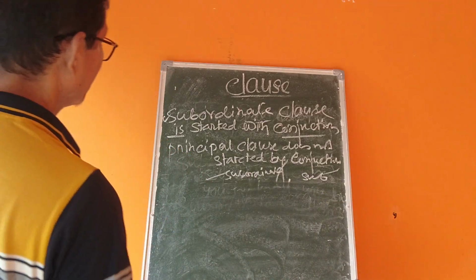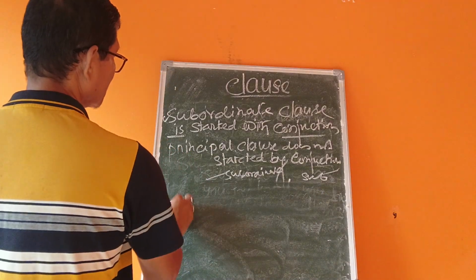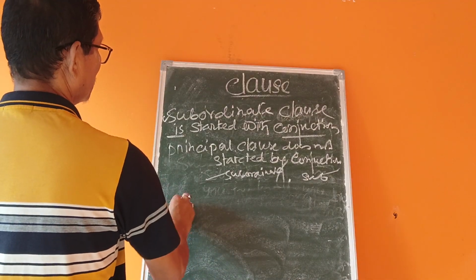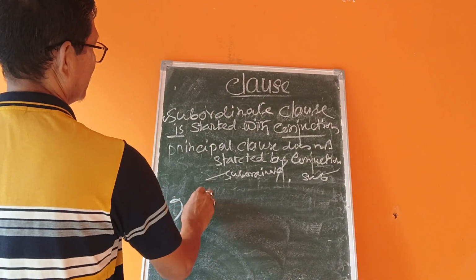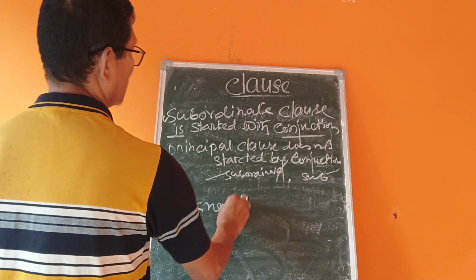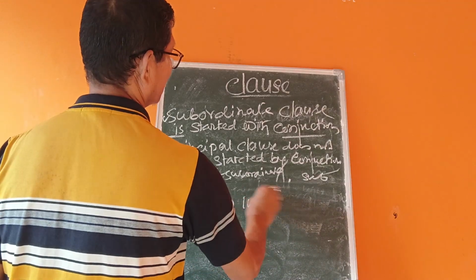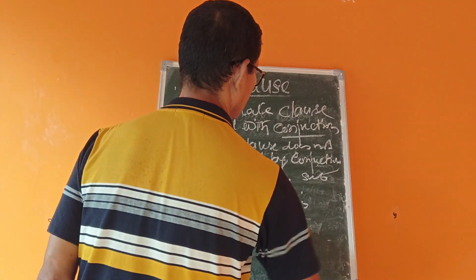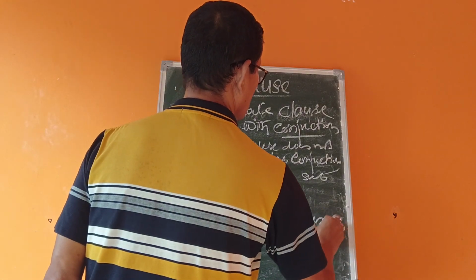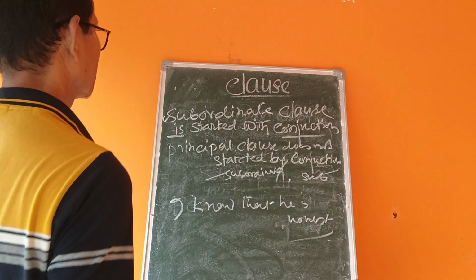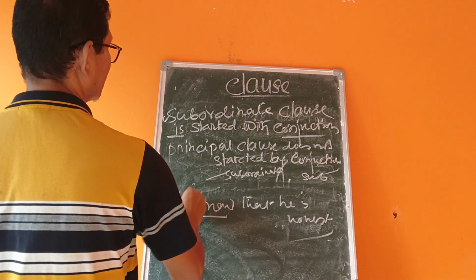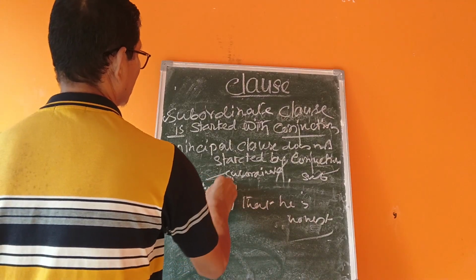I give another example. Sometimes a conjunction comes in front of the sentence. I know that he is honest. I know: I is the subject and know is the verb.